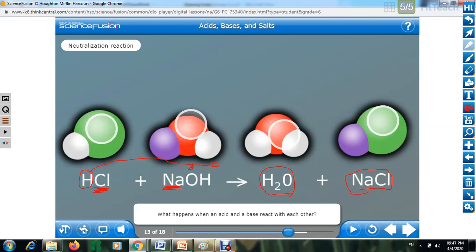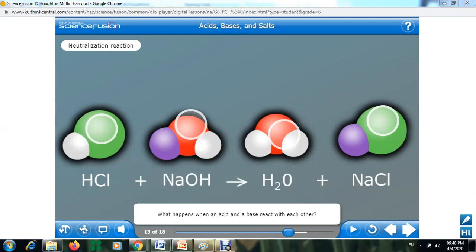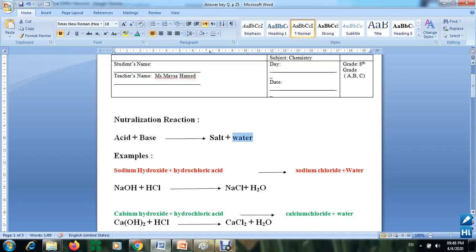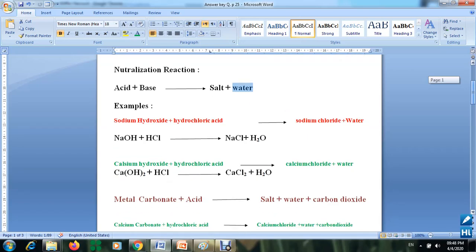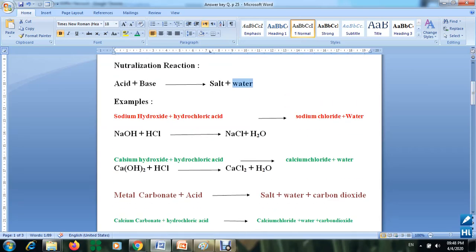I'll give you another example. Here you have a reaction between calcium hydroxide, Ca(OH)2, plus hydrochloric acid, HCl.